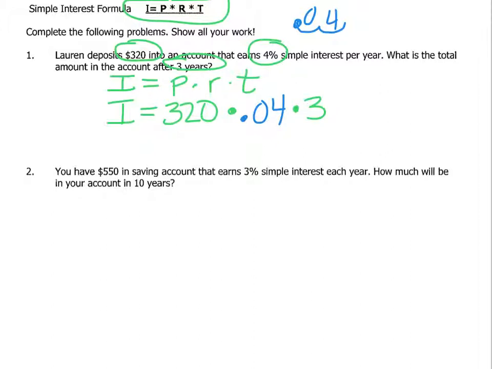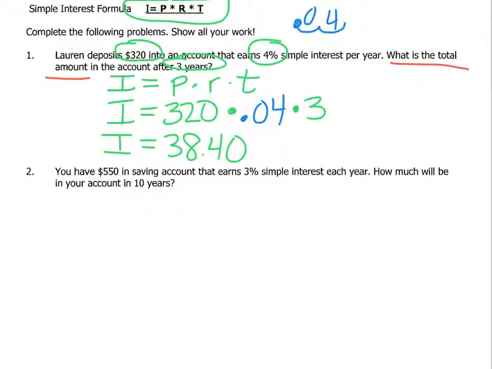Okay, so all you're going to do is multiply those numbers. So 300 times 0.04 times 3, and you can use a calculator for this. And the answer then is interest equals $38.40. Now the question is asking you, what is the total amount in the account after the 3 years?